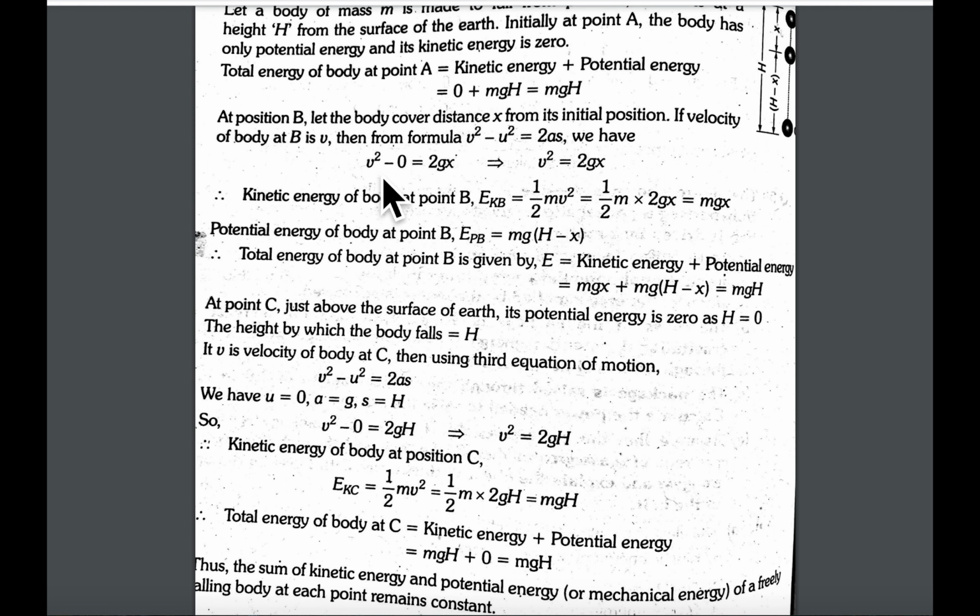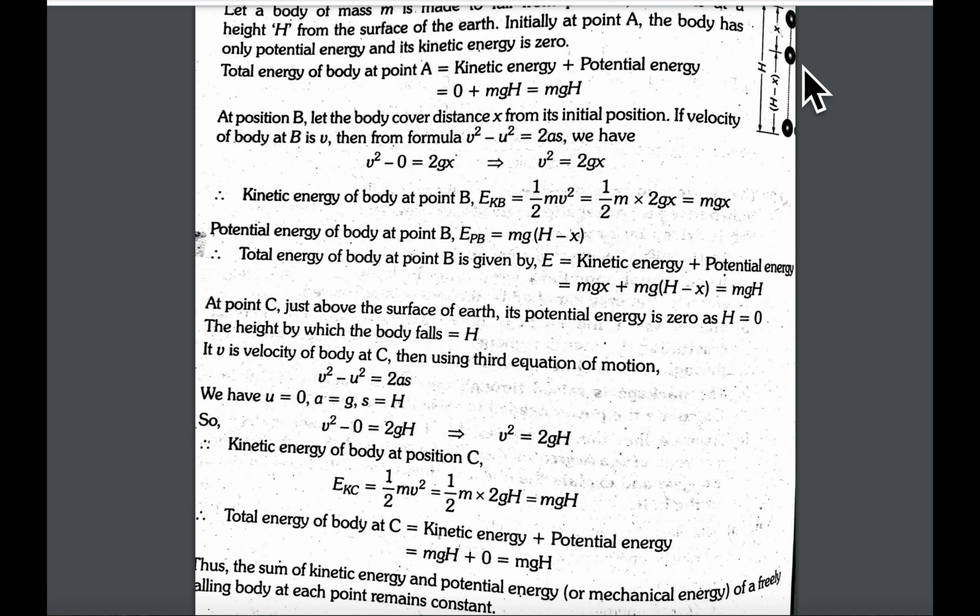Since it is starting from rest, initial velocity u is equal to 0, and a is taken as g, acceleration due to gravity. Therefore v square minus 0 is equal to 2gx, which implies that v square is equal to 2gx.